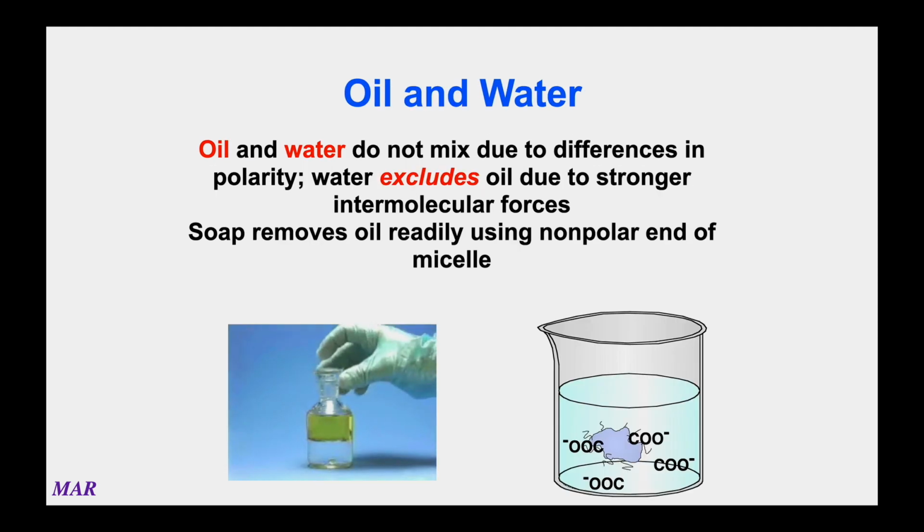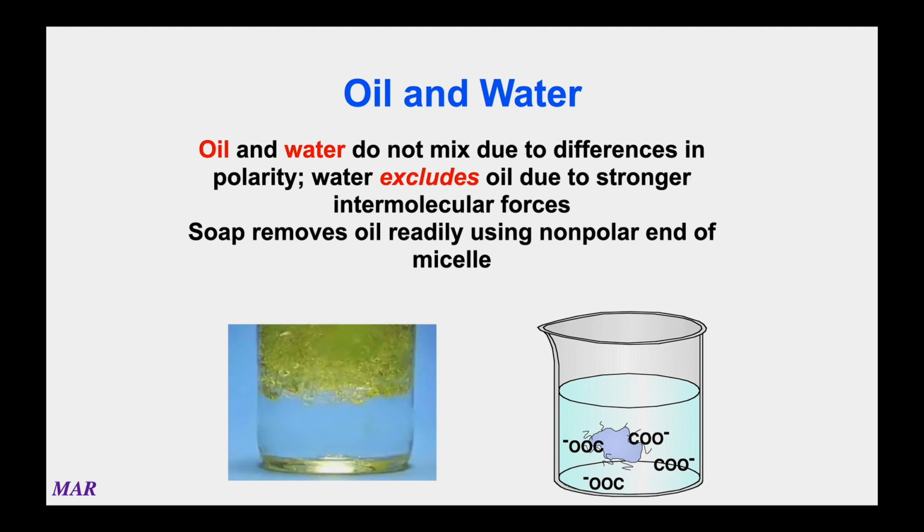Why don't oil and water mix? The hydrogen bonds between water molecules are too strong to be broken in order to produce a relatively weak interaction between water and the molecules in the oil. Thus, water excludes oil from entering the aqueous phase.